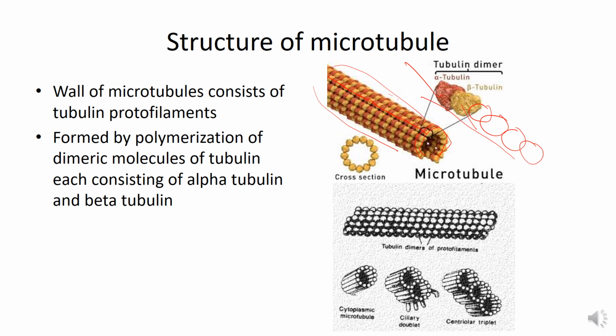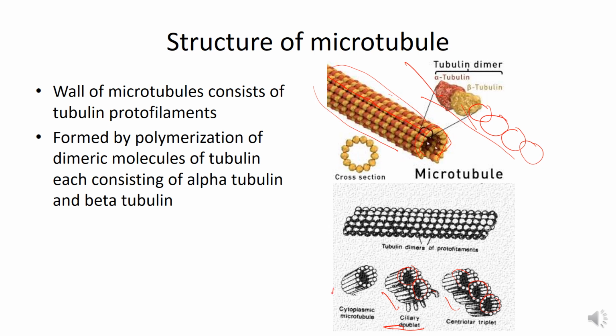Here you can see that 2 or more microtubules are often linked side by side by protein arms or bridges. That is particularly important in the axoneme of the cilia. Here you can see 2 microtubules linked together and attached by a protein arm or bridge. In the structure of cilia or the centriole, 3 microtubules are attached together.